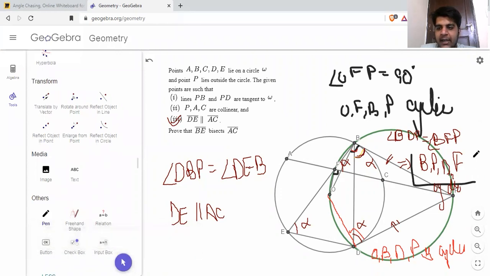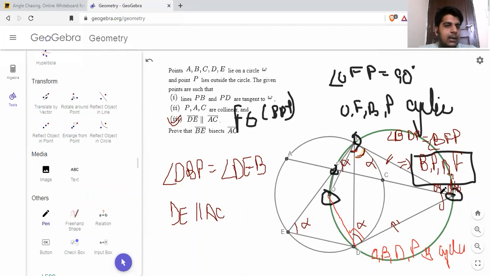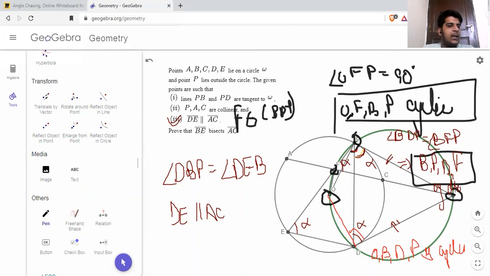Since BPDF is cyclic, which means F lies on circle BDP. So F lies on this green circle, and so does O, because OBDP is cyclic. So can you see, OFBP are also cyclic. All of them lie on the green circle. So we proved this thing, and this is what we wanted to prove. So we are done. I hope that's clear.